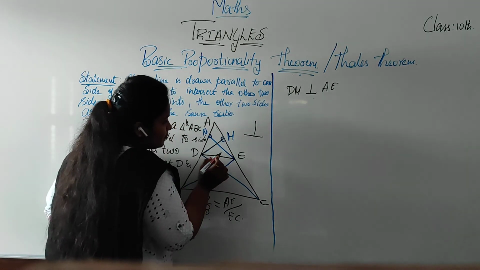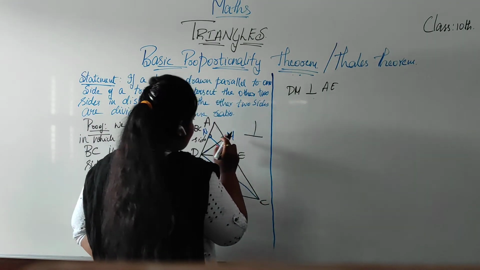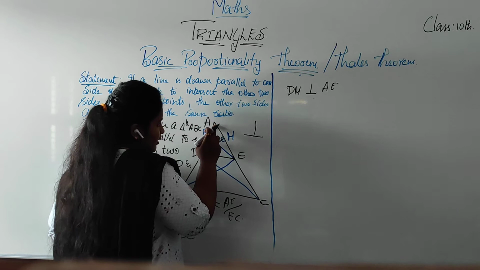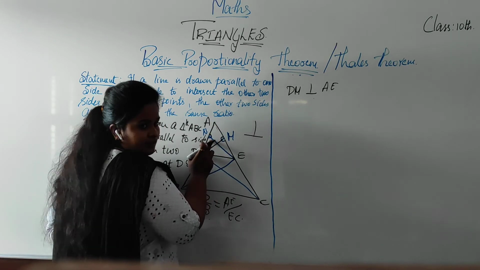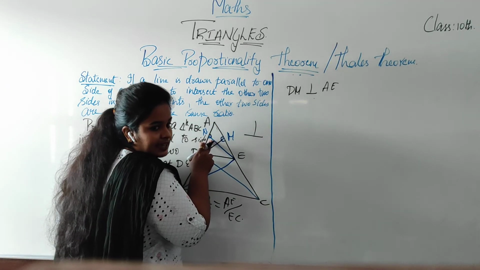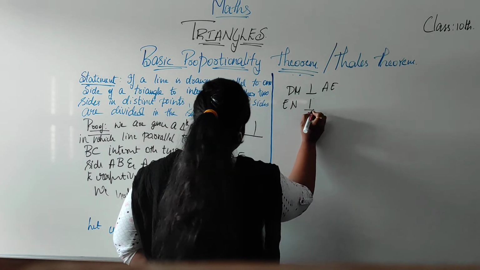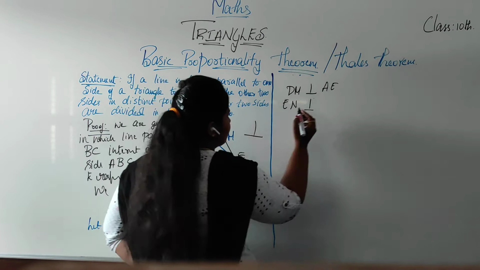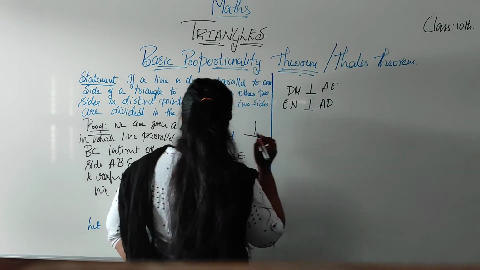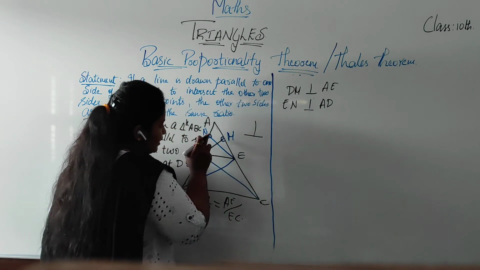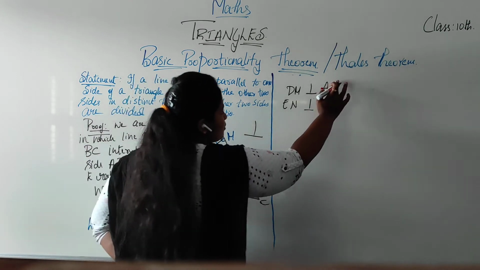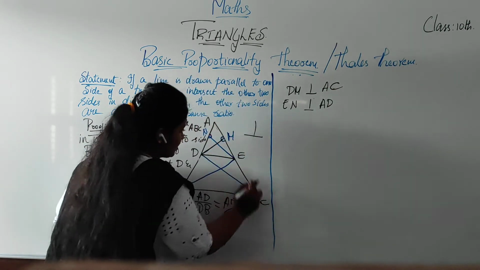Again E and N, EN is perpendicular to AD. Or you can write it as DM is perpendicular to AC also. This is a straight line.